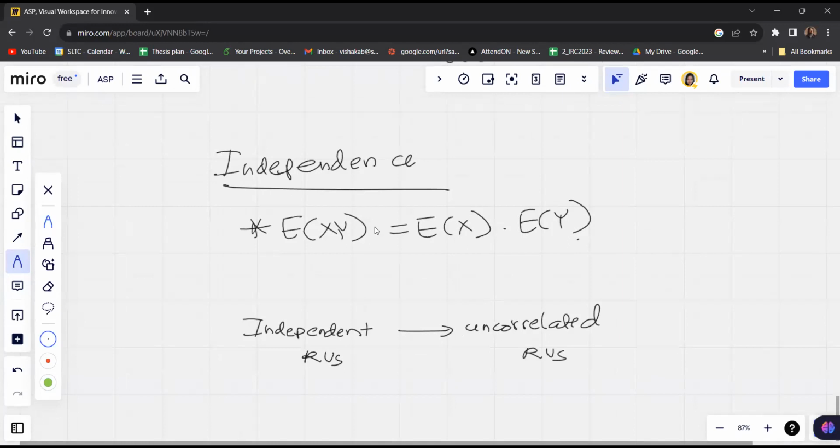However, uncorrelated random variables will not be independent all the time. Sometimes this might not happen.